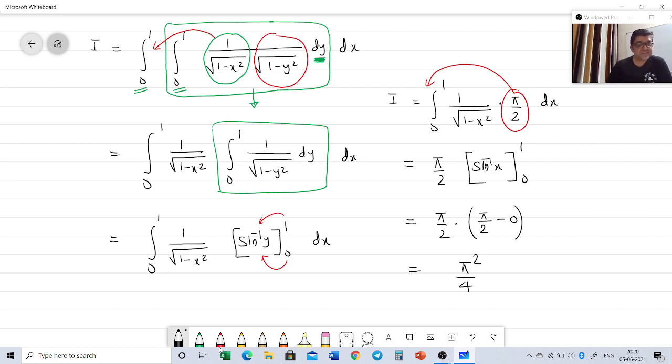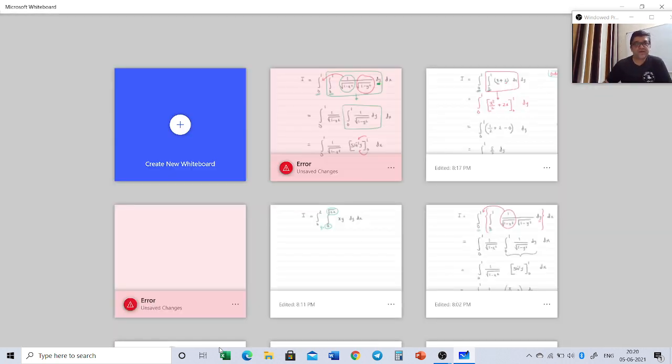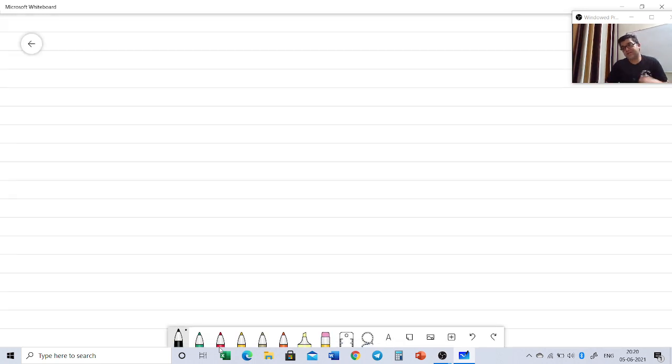Right? So I hope you understand the first case where both the outer and inner limits are constant. Now let me take you another example where outer limit is constant, you can see, and inner limit is function of y. Okay, wait a minute, let me correct the question slightly.